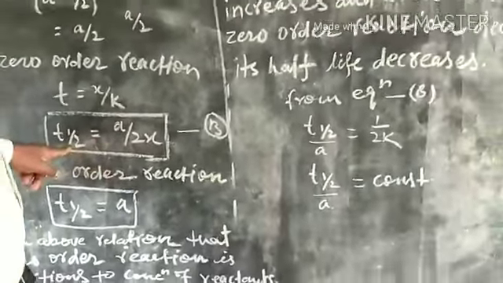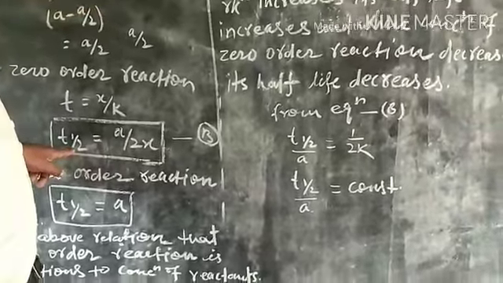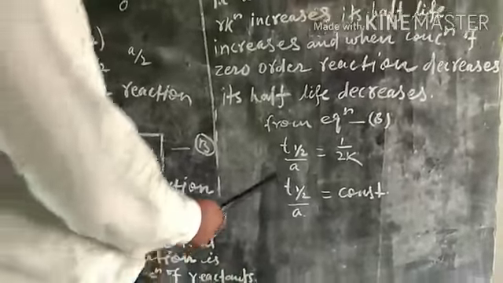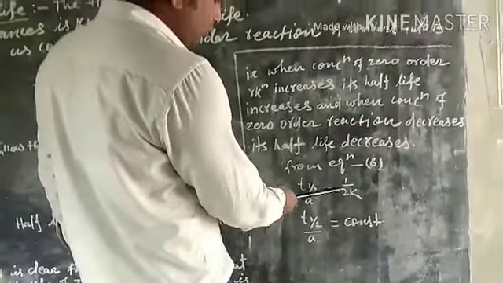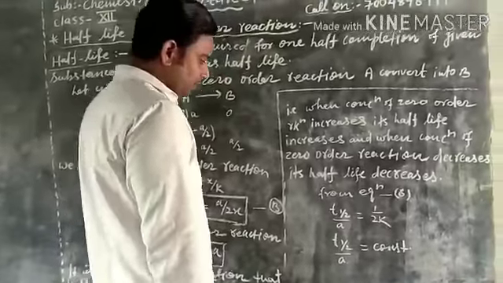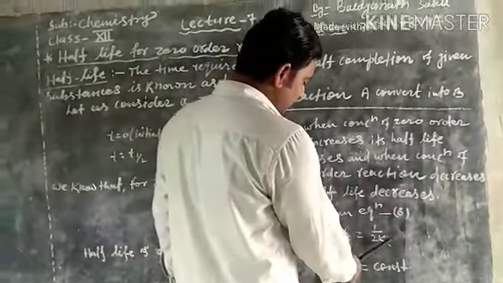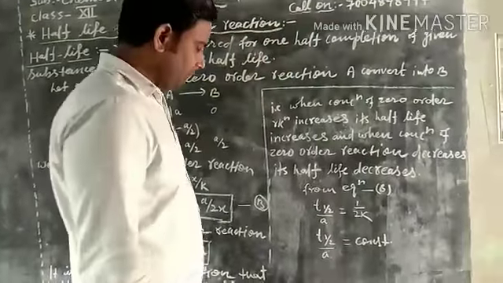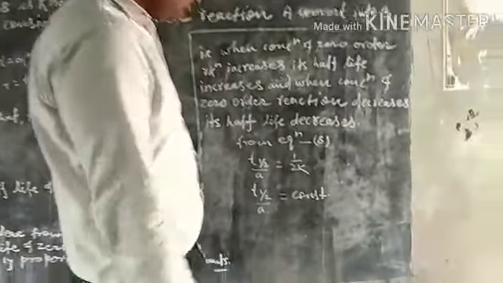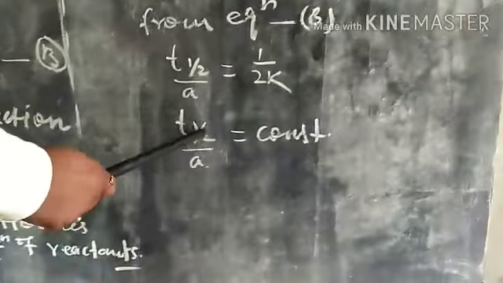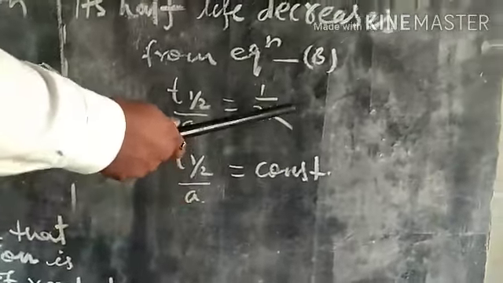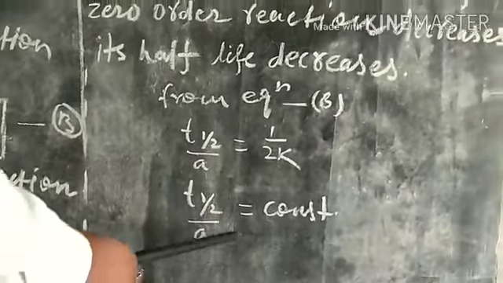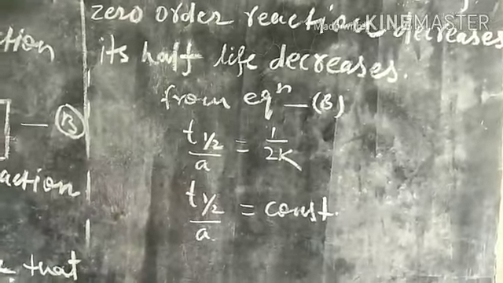Here k is constant, the rate constant. So t half by a equals a constant, because this term is constant.